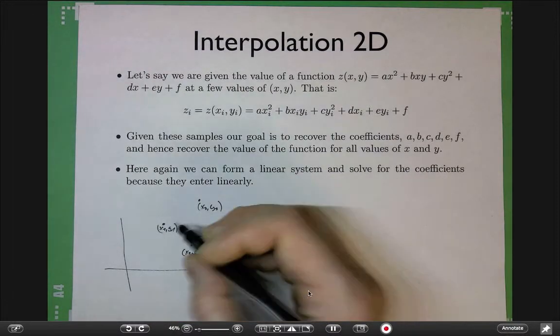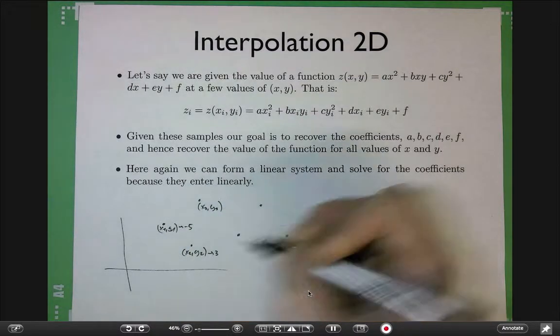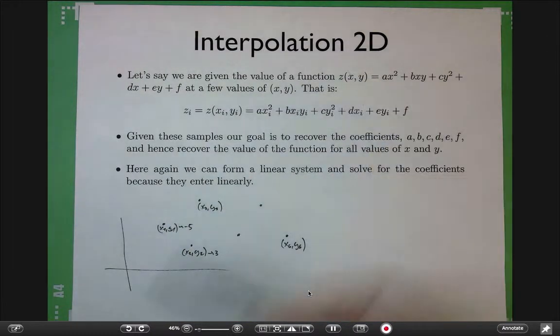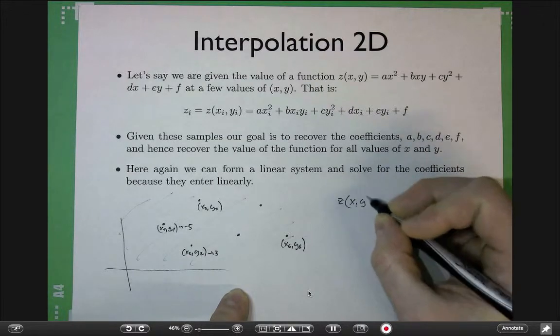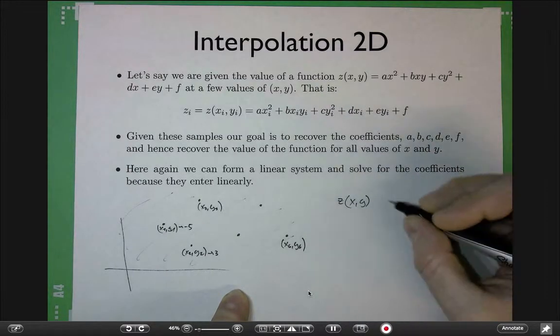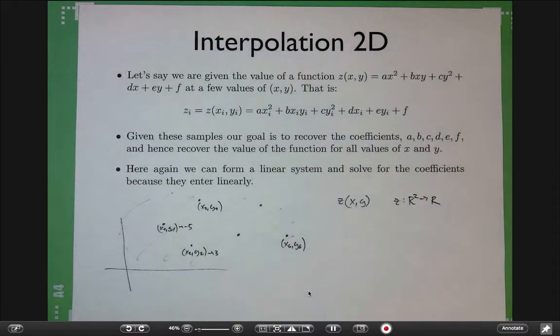So for example, here could be like, I don't know, -5, or it could be 3, whatever values. Those are the z's. And I would like to interpolate, but I would like to interpolate on the entire plane. So I would like to get a function z, which for every x and y returns me a number. So the signature of the function would be from R2 to R. So that's a 2D interpolation.